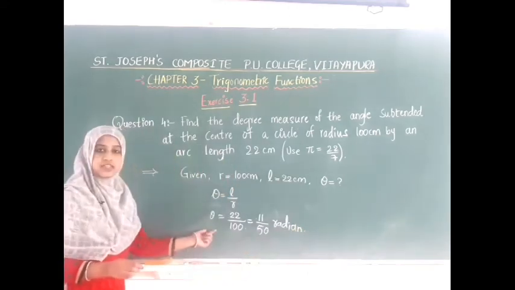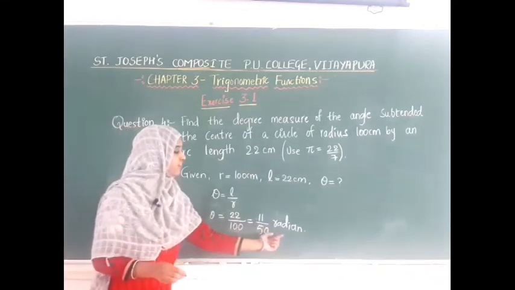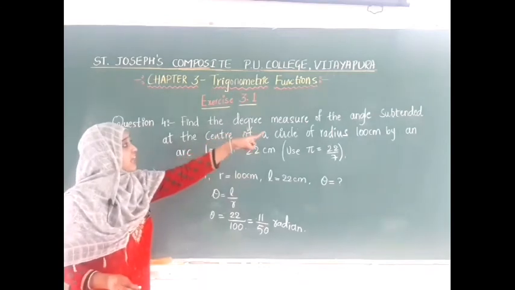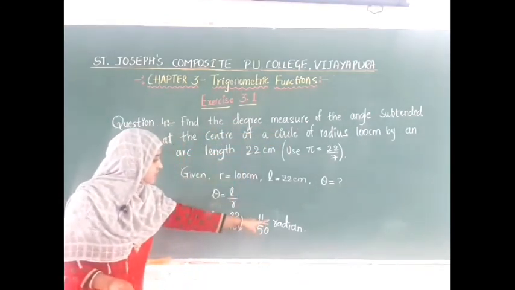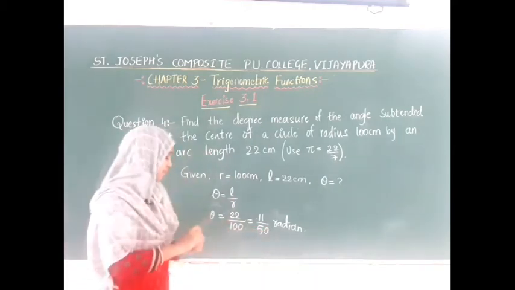This is the angle subtended at the center of the circle, 11 by 50 radian. But we have to calculate the angle in degree measure, so we have to convert this 11 by 50 radian to degree measure.